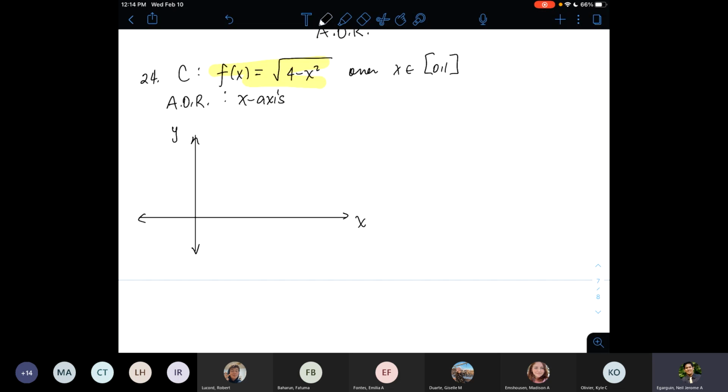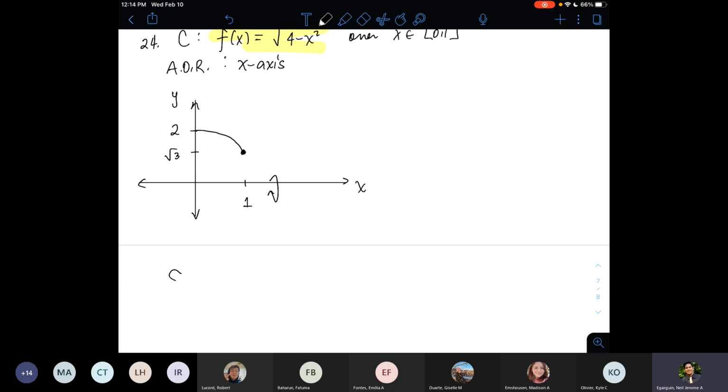So when x is 0, y is equal to 2. When x is 1, y is equal to root 3. Let's say root 3 is over there. So this is the arc that we are considering. And then the axis of revolution is the x-axis.